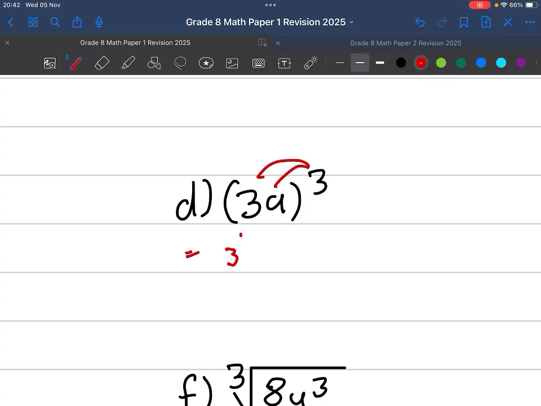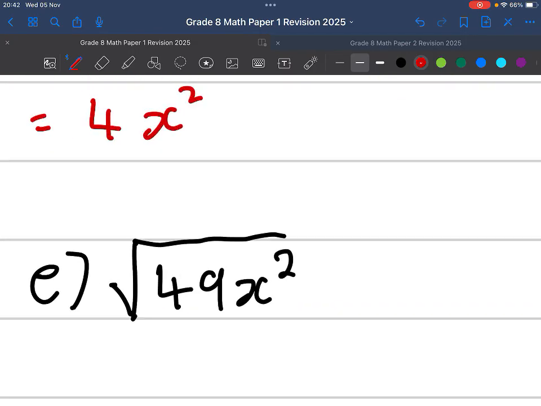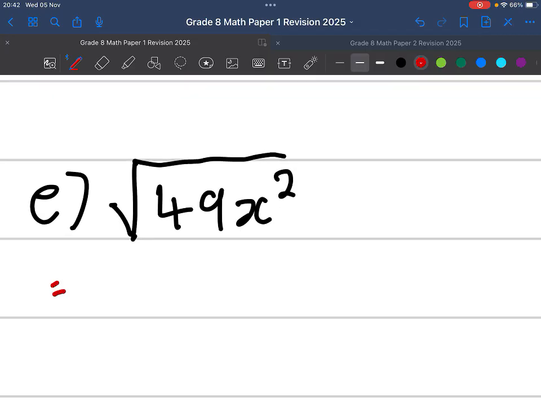Distribute. 3 cubed times a cubed. 3 cubed is 27 and you got a cubed. Right, let's try this question here. We have the square root of 49x squared. For this, we're basically applying the square root to everything.